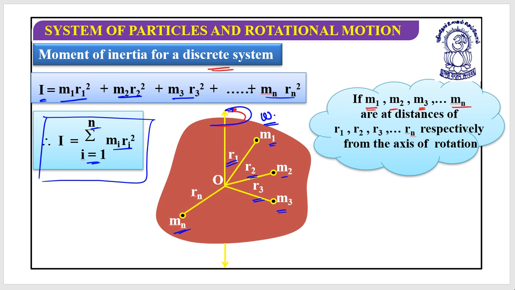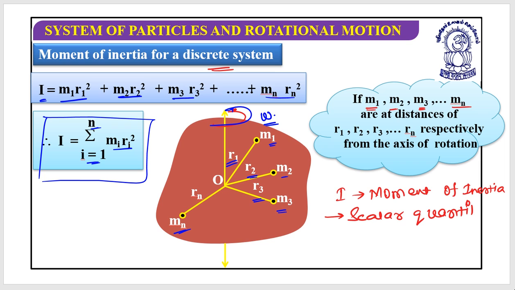While I write the moment of inertia I, is it scalar or vector? We can say it's a scalar quantity. Its unit is m into distance square, so it's kg into meter square.